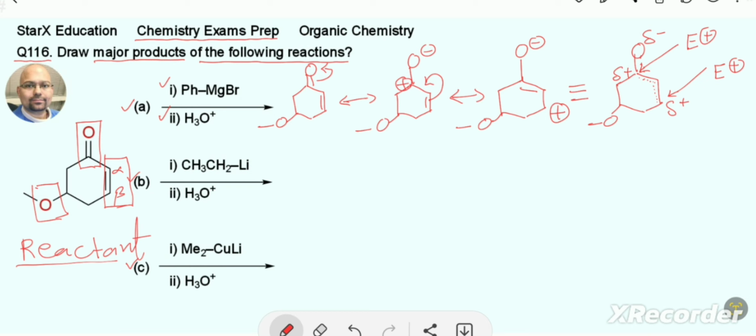Now in these cases there are three nucleophiles here. The first one is our Grignard reagent. The second one is organolithium, so this one is an alkyl lithium compound, and the third one is the Gilman reagent.